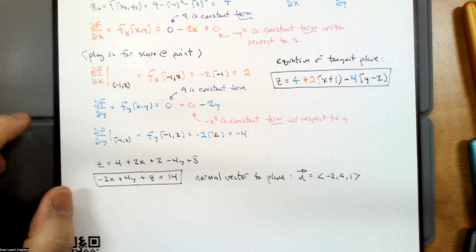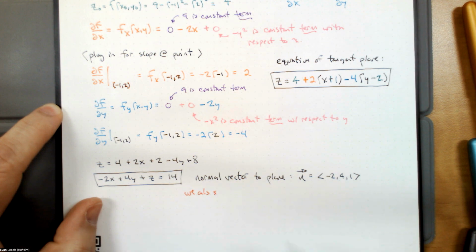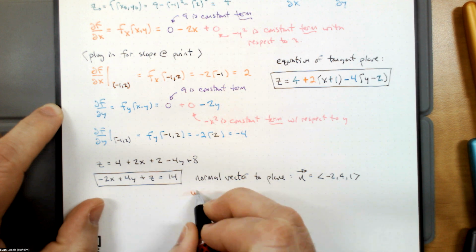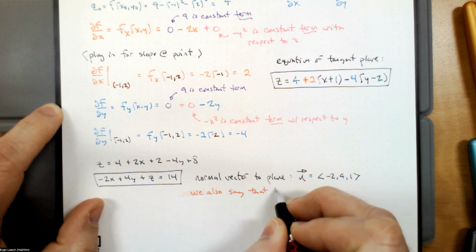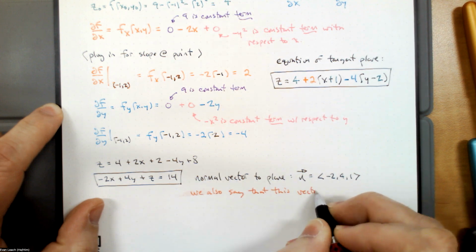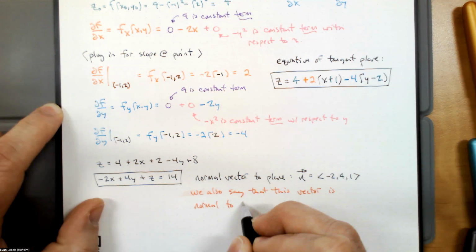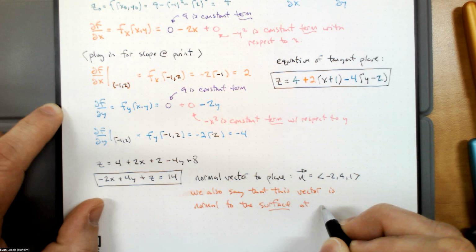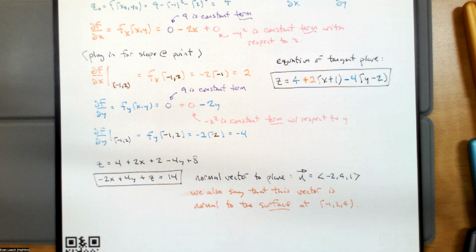So we would also say that this vector is normal to the surface at the point.